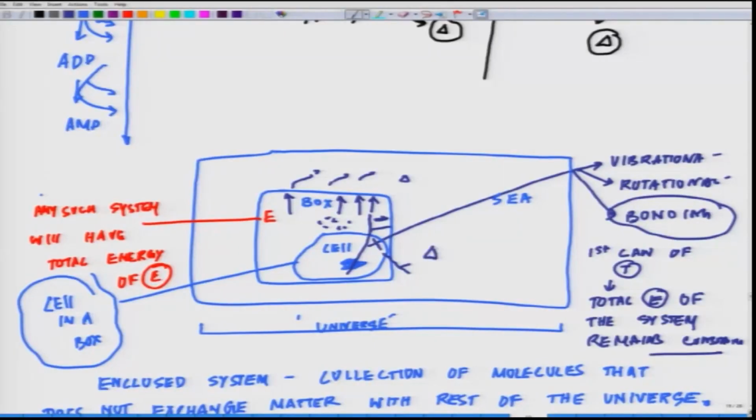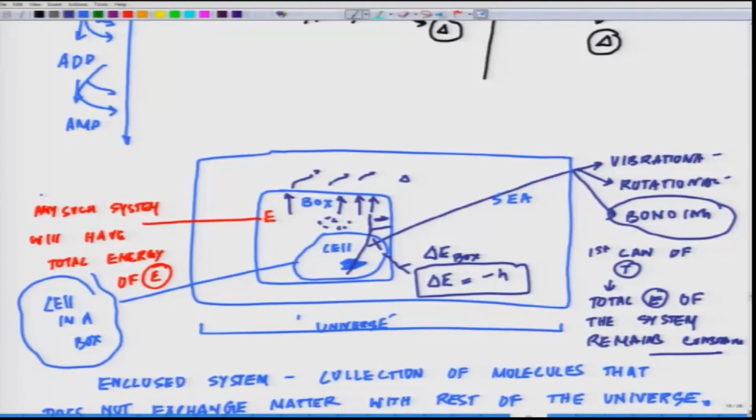If I talk about delta E of the box, delta E must be equal and opposite to the amount of heat energy transferred, and it could be designated as delta E is equal to minus H, the heat energy.